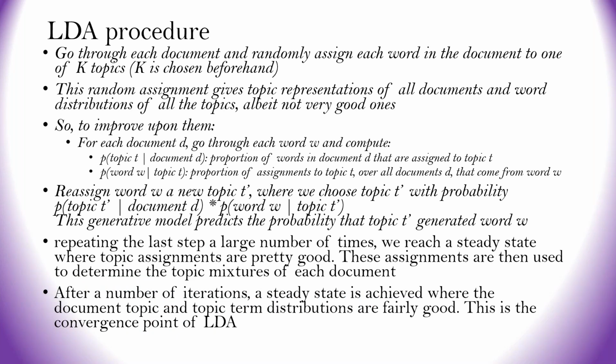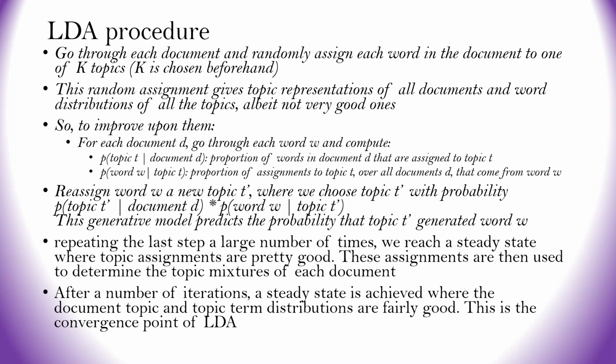When we refresh the LDA procedure, we go through each and every document and randomly assign each word in the document to one of the K topics. LDA works by taking each word that comes out of the pre-processing from each document, and it tries to find out whether it matches the topic that was chosen or not.